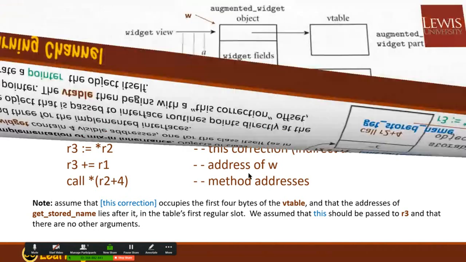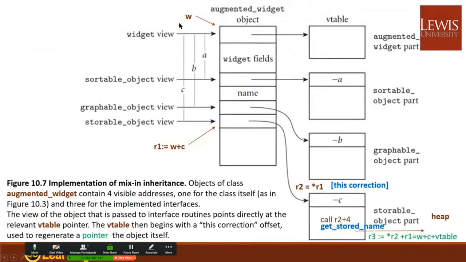Okay, so here we have the W object, the widget in the original widget view, and then we put in different views for the object. Because you inherit that, those fields will be added to the object, and then you will find different vtables. That's the implementation of mixin inheritance.